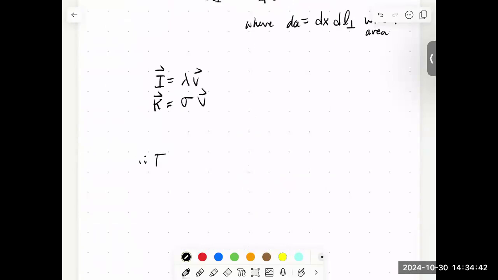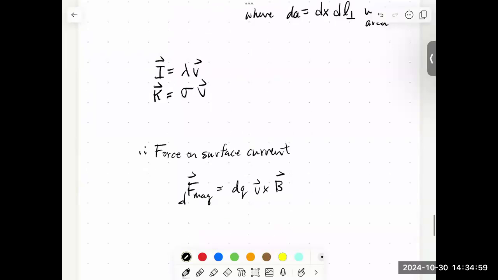So therefore, the force on our surface current would be, well, F magnetic is always dq v cross B. Let's say this is the force just on a small piece of our surface that has charge dq.